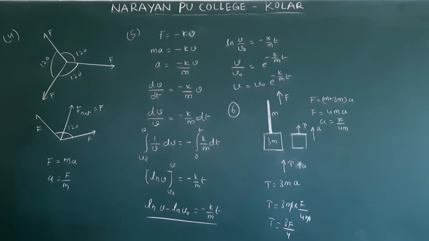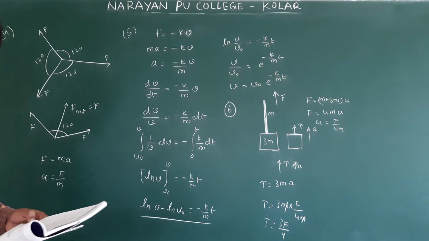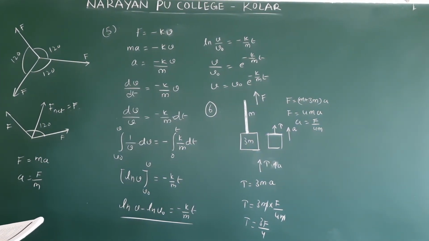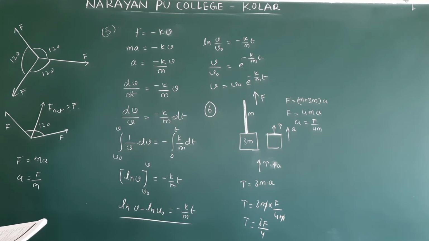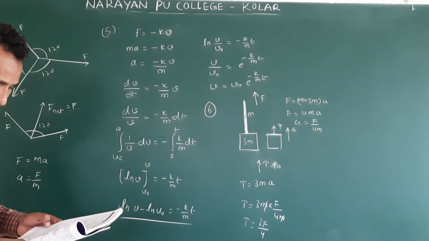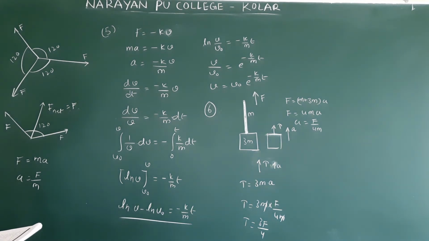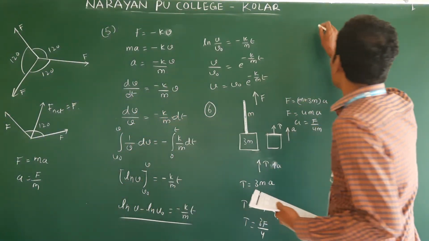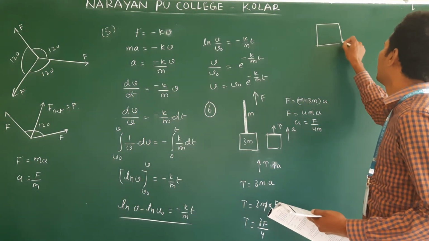Next, the seventh one. A block of mass 2m is resting on a smooth horizontal surface. One end of a uniform rope of mass m is fixed to the block, which is pulled in the horizontal direction by applying force at the other end. The tension in the middle of the rope is? Already we have done this question.